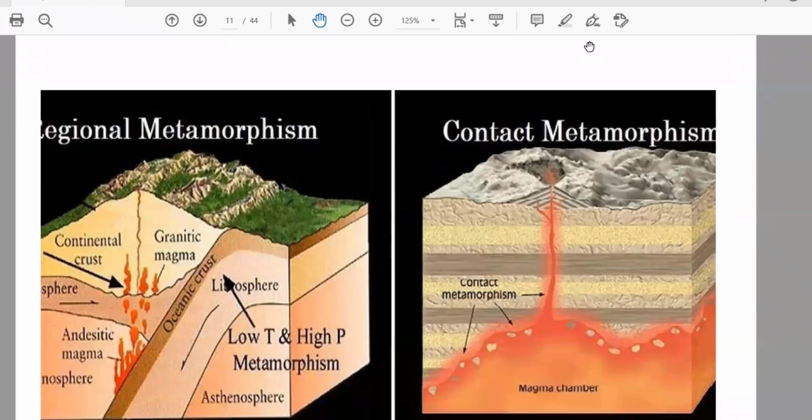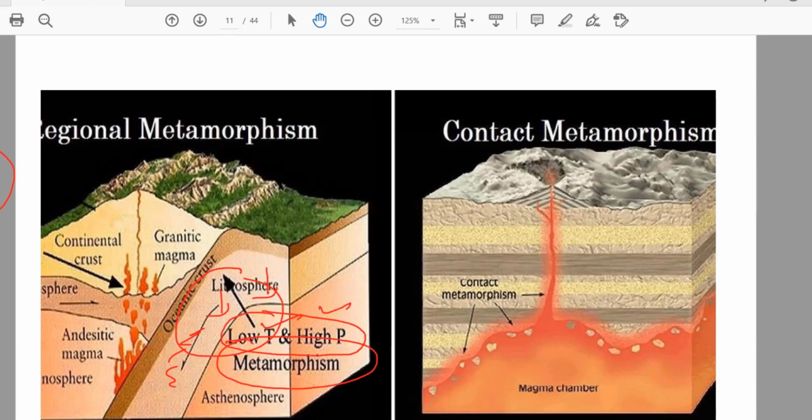Once again, here they show the difference between contact and regional. See here, you have the rocks, and due to high pressure and temperature, there is no magma here. But these are large rocks under each other, with high temperature and pressure. Sometimes only high pressure can make a metamorphic rock.